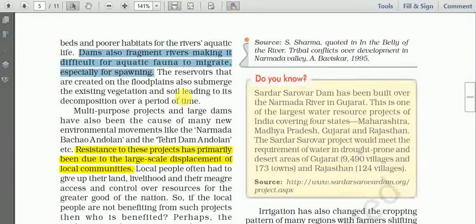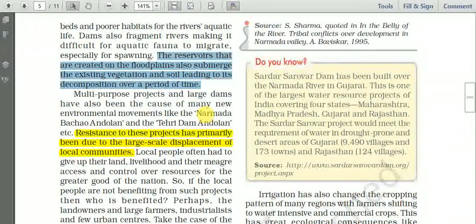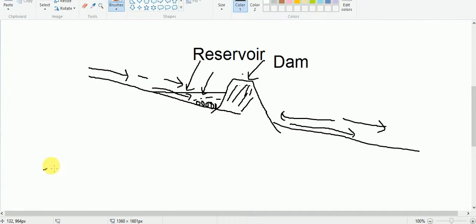And the reservoirs that are created on the floodplains also submerge the existing vegetation and the soil, leading to its decomposition over a period of time. Let us say dams are constructed in a mountainous area like this.